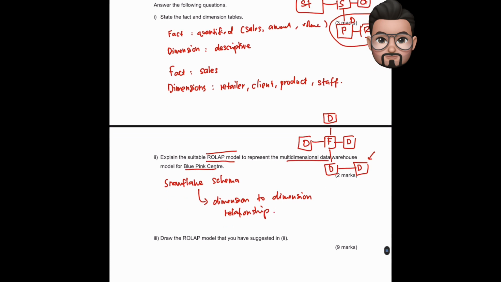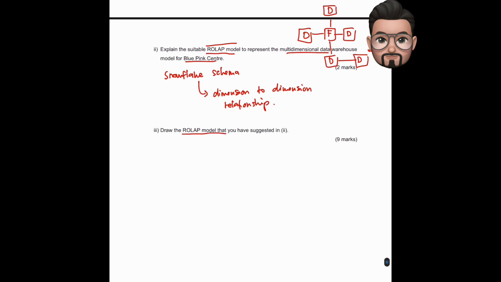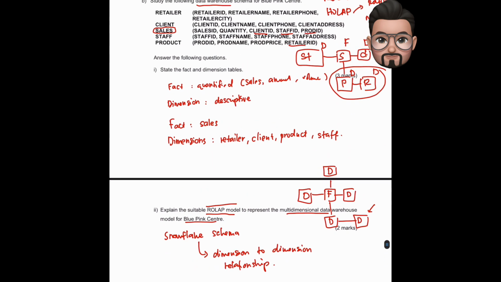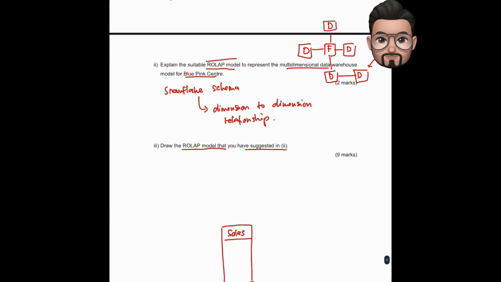Okay, so they ask you the last question. They ask you to draw the ROLAP model you have suggested in 2. So by right, this one you just need to write back in terms of the snowflake schema model. And the first one we have is sales. So what is inside sales?